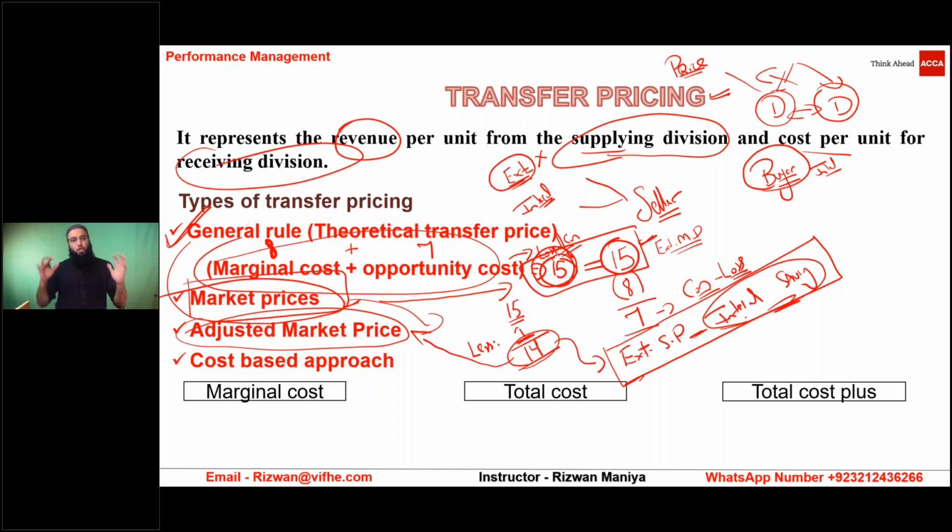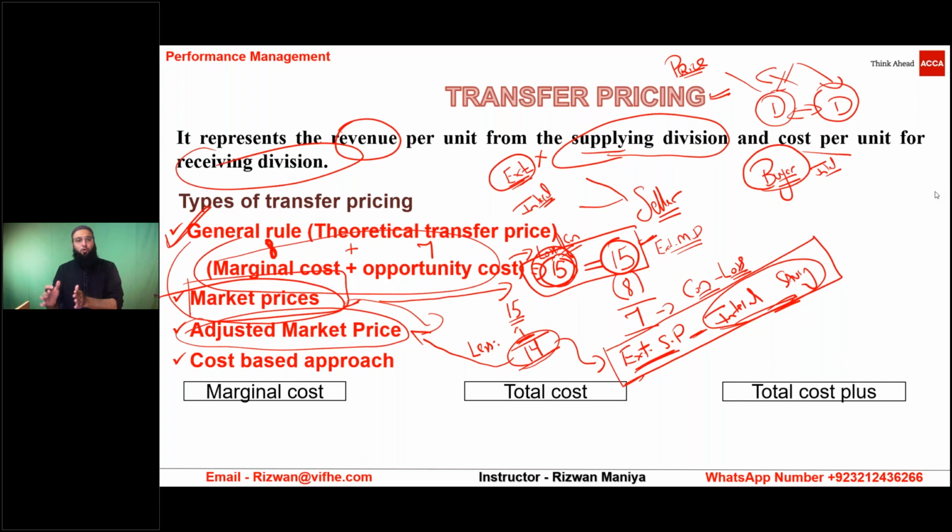So in short, listen to me, it means what? External selling price minus internal saving is what the general rule is saying. Yes or no? Agreed? Clear? It's the same thing. If you remove this one from the cost, then again you come to the same point.